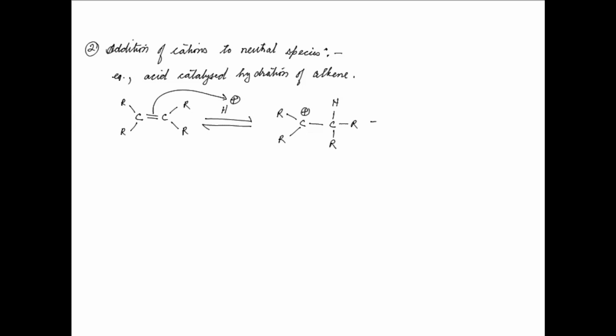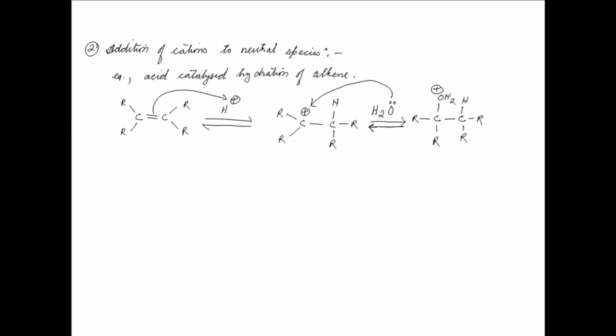Once this carbocation is formed, what can happen is that next it can react with water. Now the water contains a lone pair of electrons, so it can attack the carbocation, and then what it will give you is OH2 positive, CH R R R. This is also an equilibrium reaction.